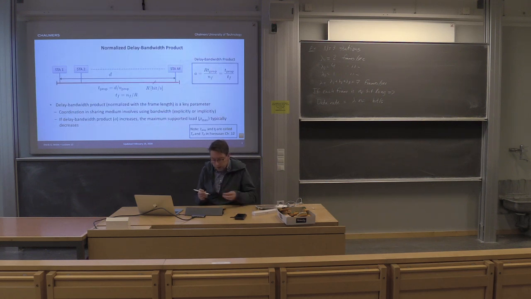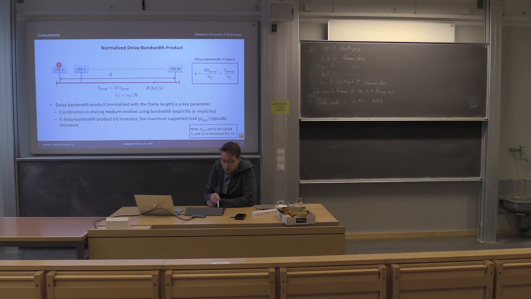Okay, so the main problem with MAC, what is that? Well, it's because we need to share the medium between many transmitters. So we have our stations here, station 1, station 2, up to station M. All of these are attached to this medium, and let's think of this as a cable for simplicity.